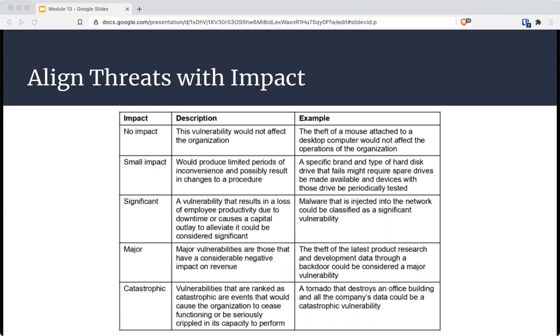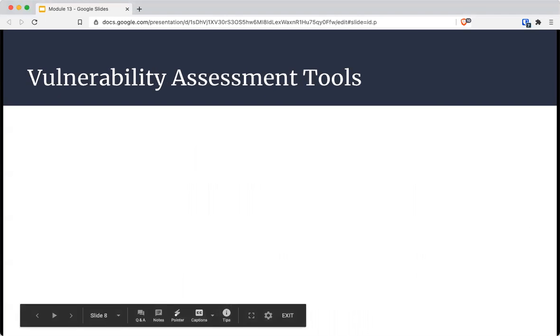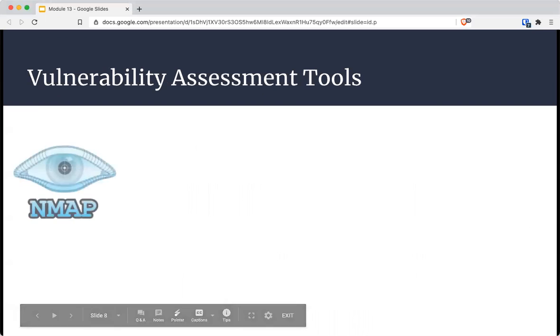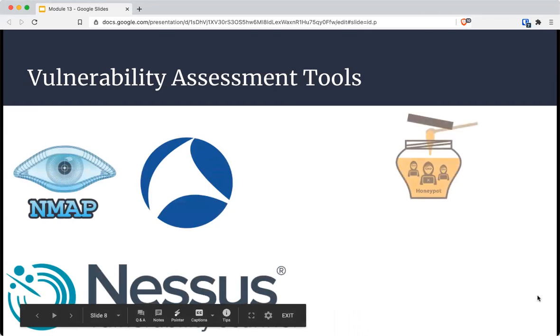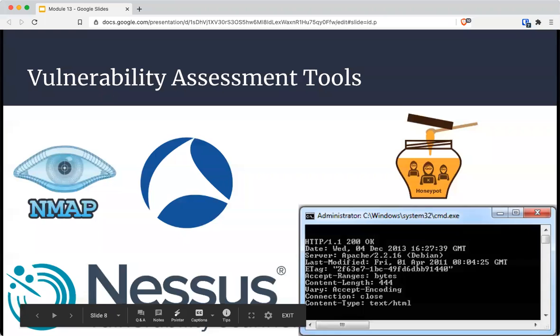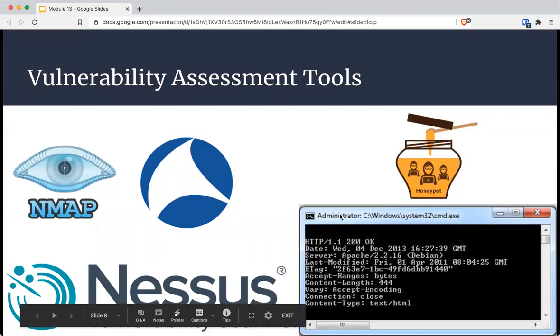These tools can be used both ways. So there's Nmap, Wireshark, Nessus, honeypots, and living off the land with tools that will give you basic info that you can use.